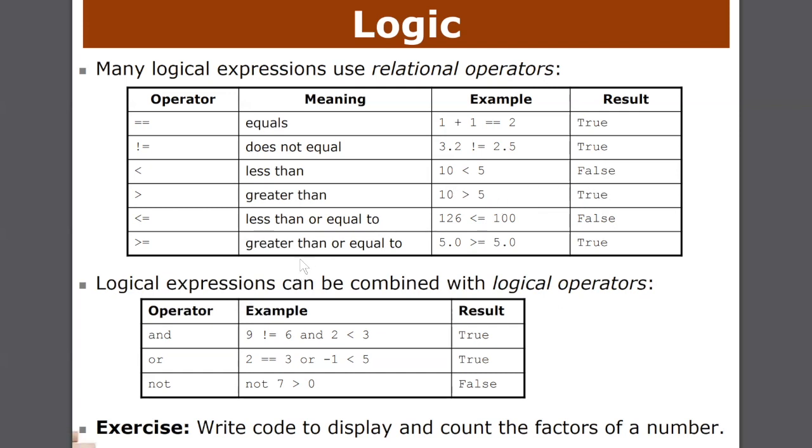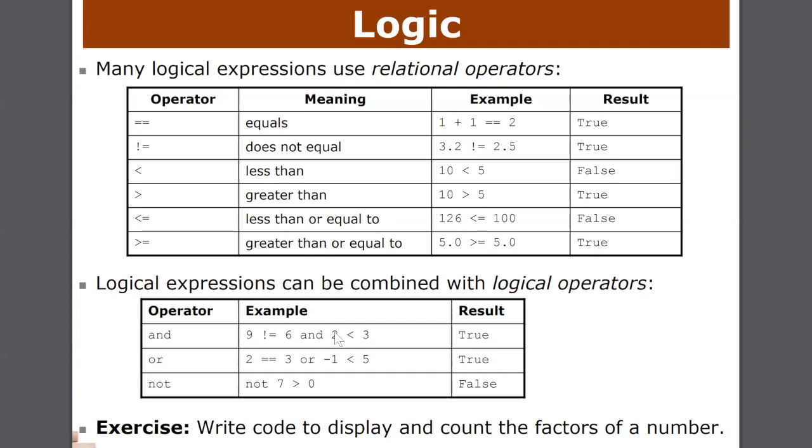And then we can also combine these comparison operators. Let's say that we have 2 different conditions that we have to meet. If a number does not equal 6 and a number is less than 3, we can return true.